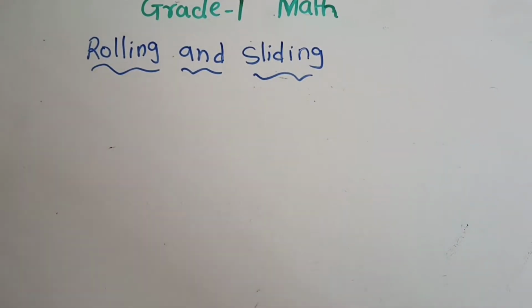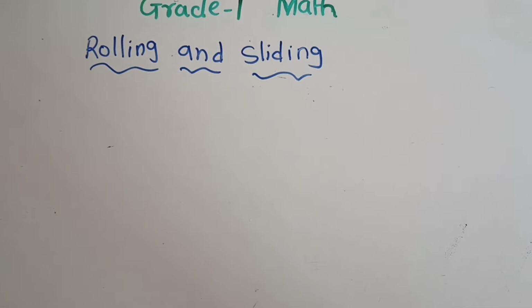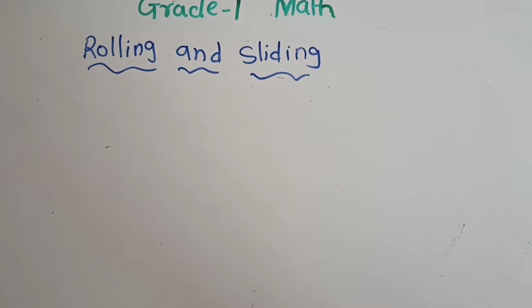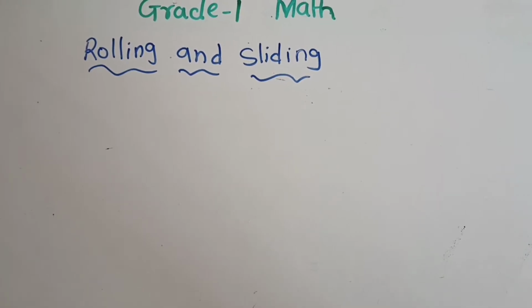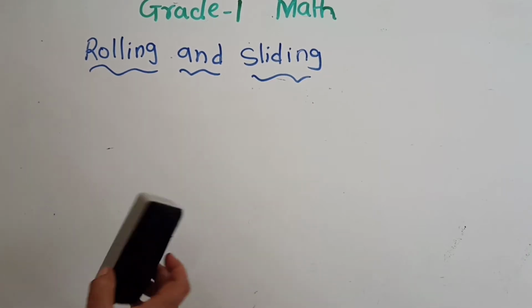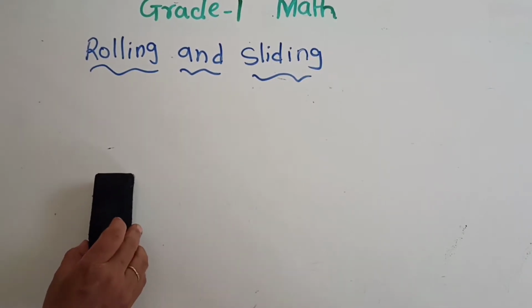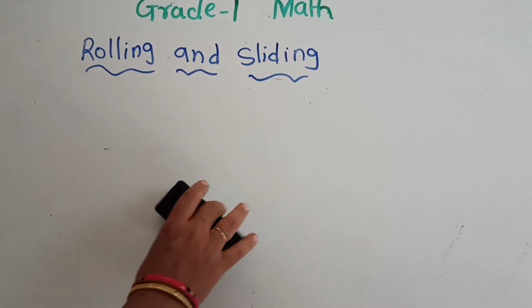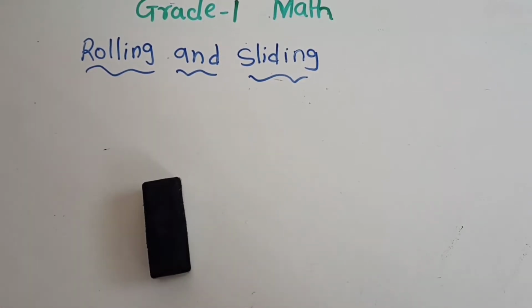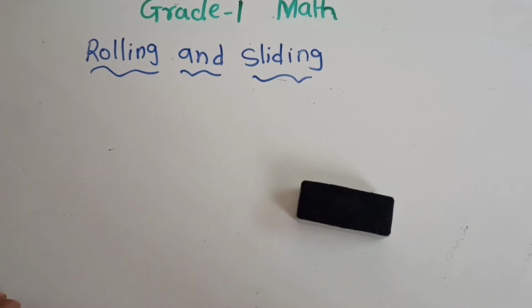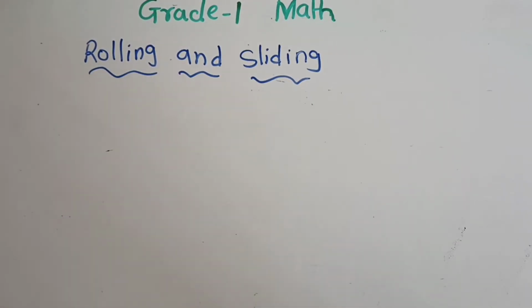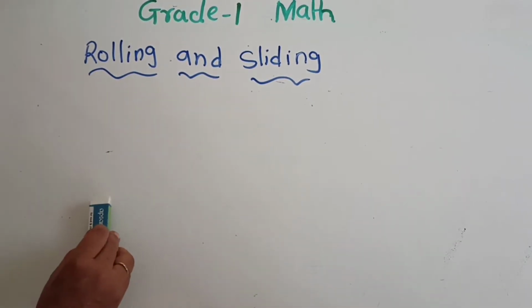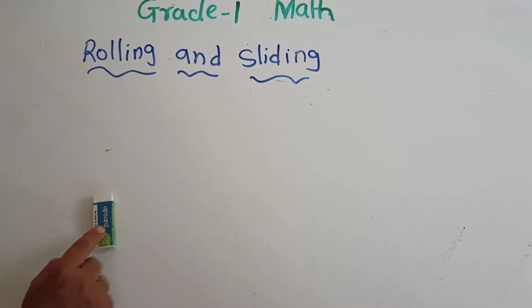Children, now I will show you some other objects. Look, I have a duster here. Now I push it, it does not roll, but it slides. Here I have an eraser.